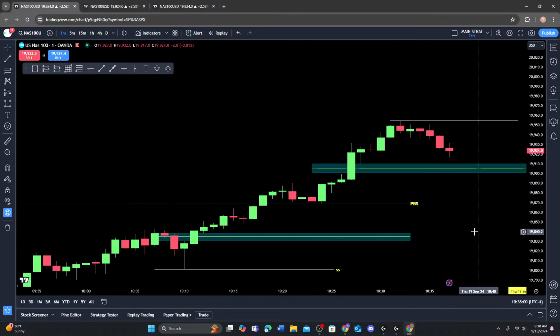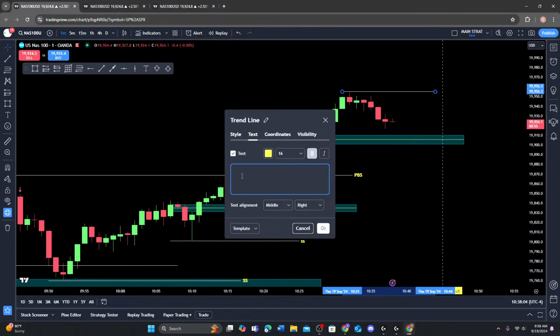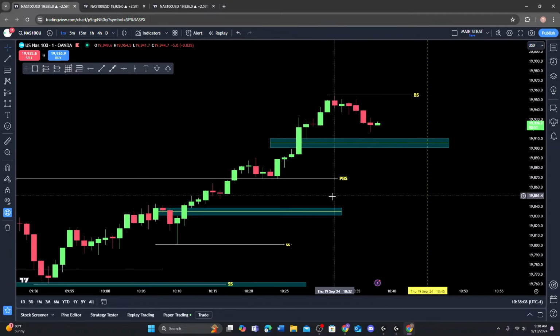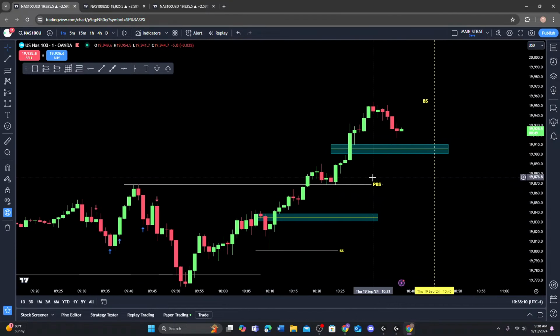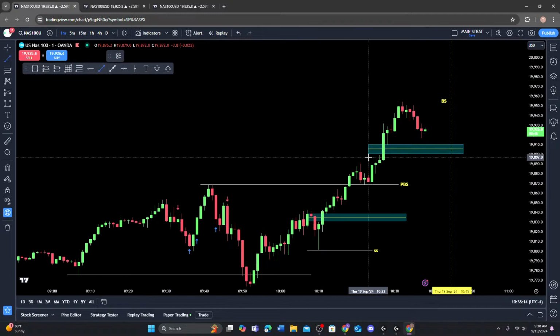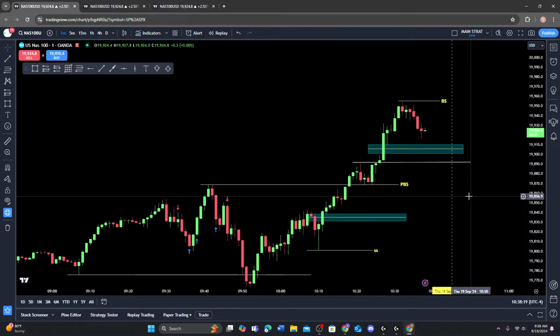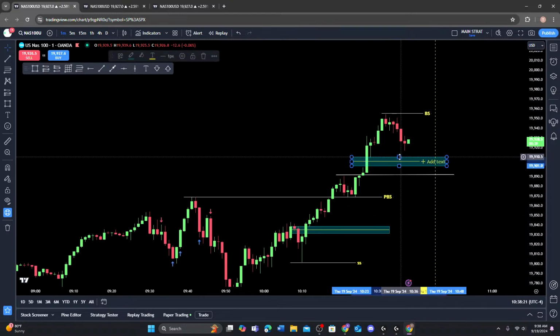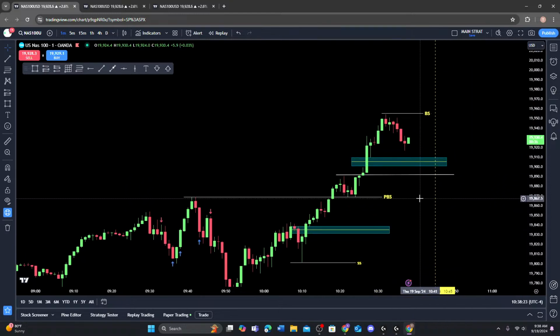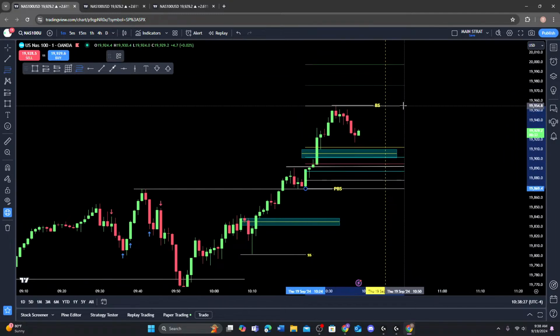Let's see. I'm going to stay with the buy side here. We have a previous buy side here, a major previous buy side there, and then our last buy side would be, we have this price leg here.